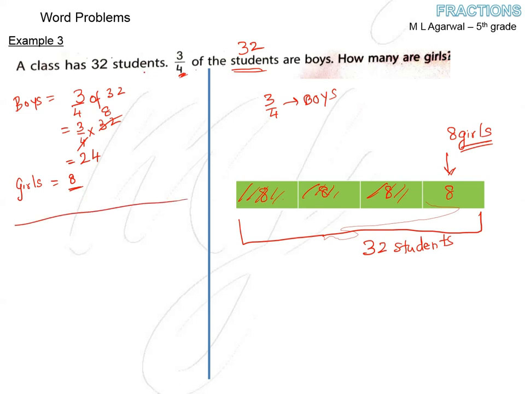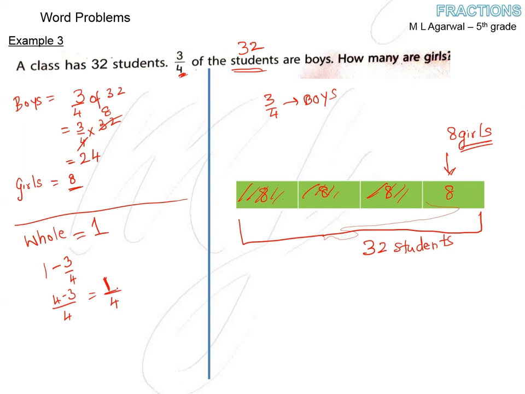Now I have been given 3/4 of the students are boys. So whole is how much? A whole is equal to 1. And from that 3/4 is taken. So if I remove 3/4 from the whole, what will I get? My LCM becomes 4. So 4 minus 3 is 1/4. Correct?